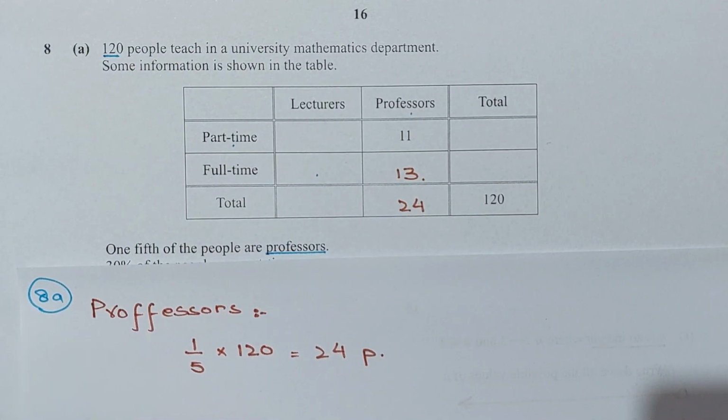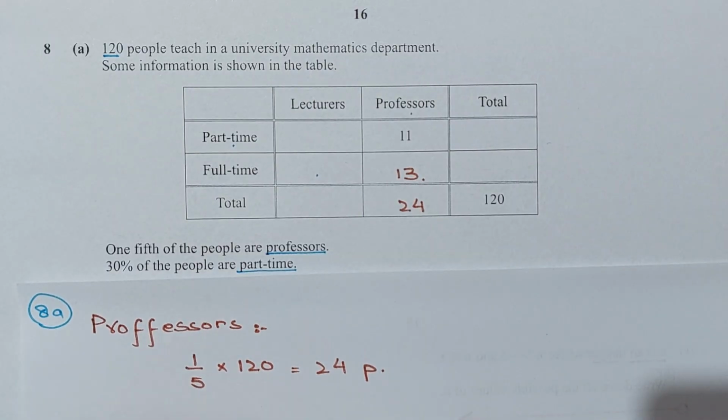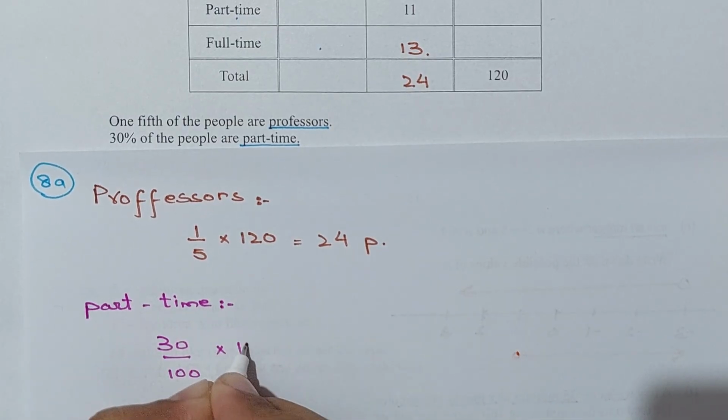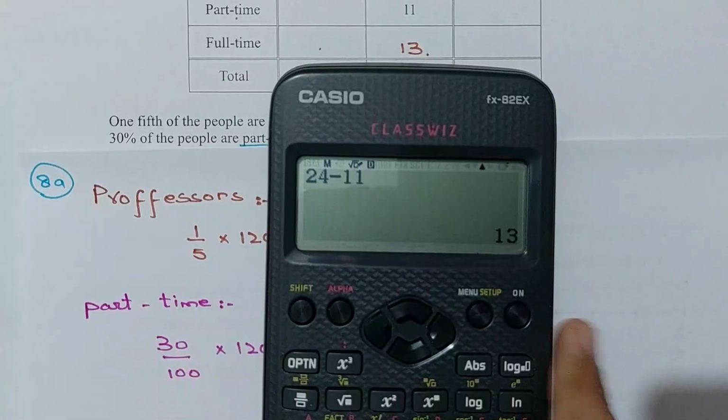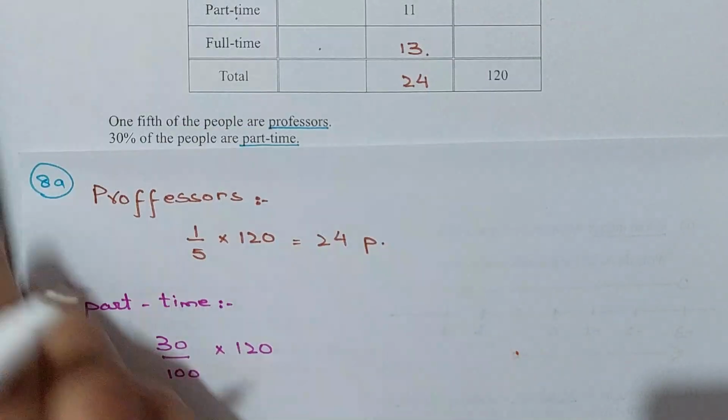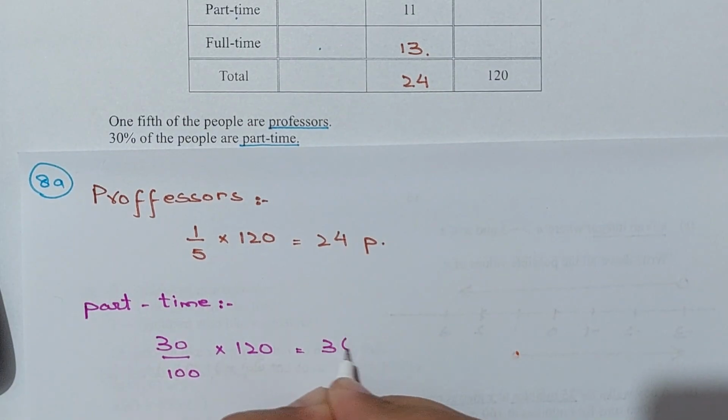Okay, now the next one: 30% of the people are part-time. 30% of 120 people are part-time. So what is 30% of 120, which is 36? 36 are the part-time, right?